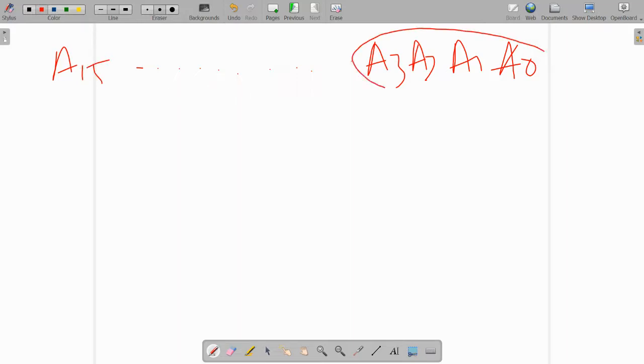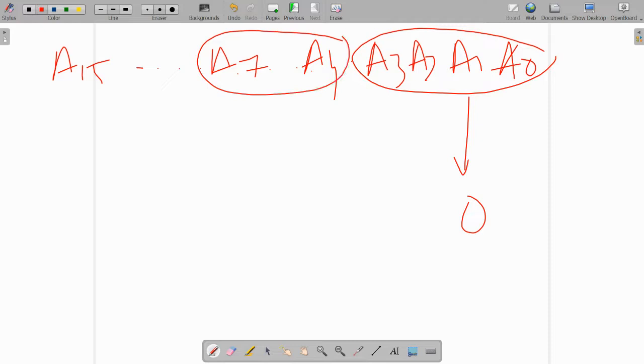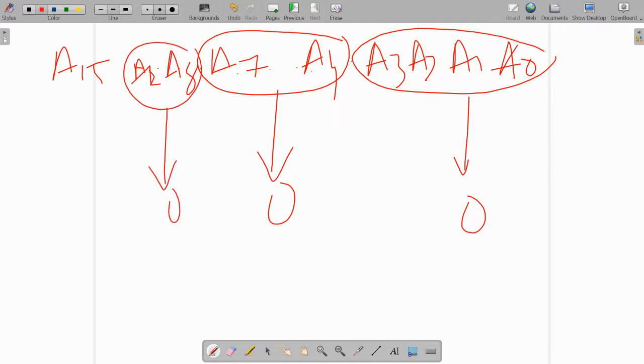A0 से लेके A3 मीन्स सिंगल जीरो. A4 से लेके 5 6 7, this is 0. Then A8 to 8 9 10 11, this is 0. Then A13 to A15, that is this 0. So this is 0000H.